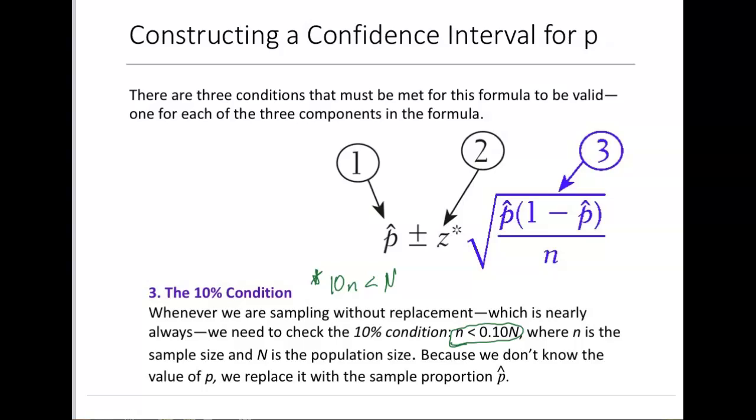And that just lets us know that it's okay to assume that the individuals in our population are independent of one another. So it's always going to be these three conditions. So we call them random, large counts, and 10%.